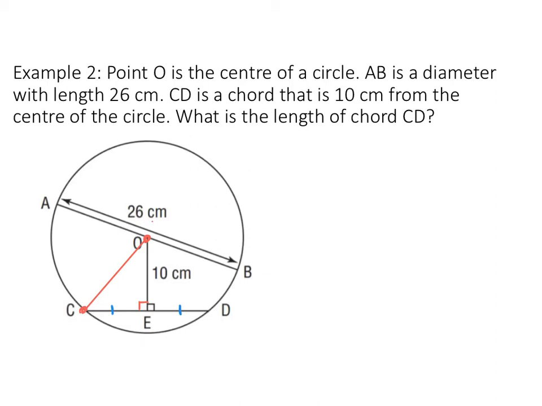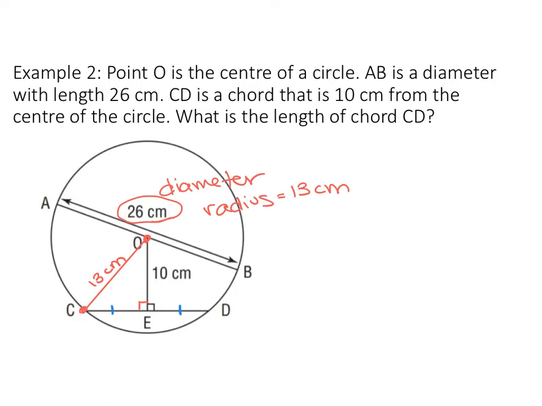They gave us our diameter. Aha! Remember, radius is 1/2 of the diameter. So that means that radius is going to be 26 divided by 2, 13 centimeters. So I can go in, I know this side is 13 centimeters. So I just had to create my own triangle using the information that I knew.